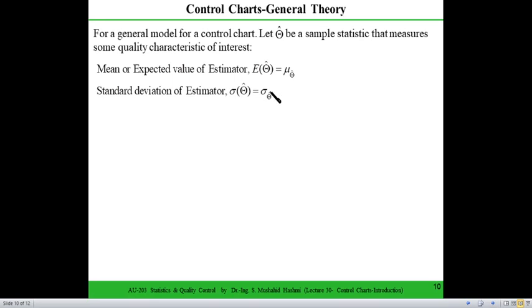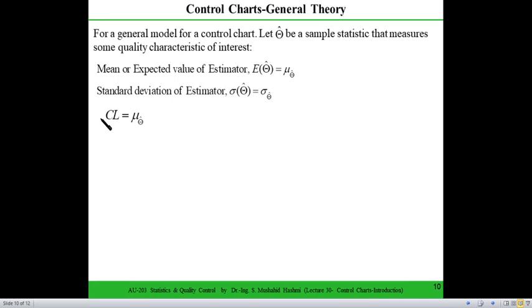Whenever we put a cap over any letter, we know it comes from some statistic from a sample. So this expected value or mean value represents the center line.